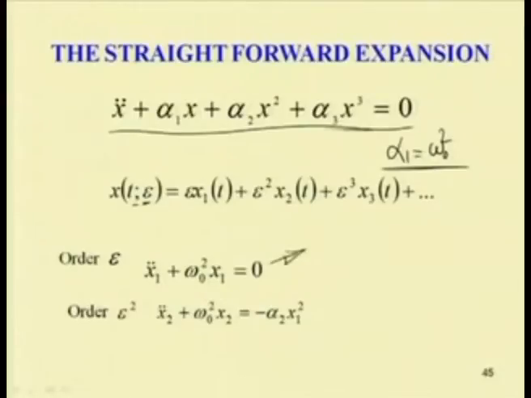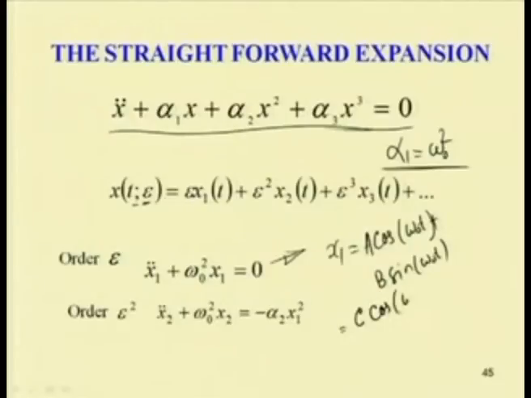The solution of this equation can be written as x 1 equal to A cos omega 0 t plus B sin omega 0 t, or in another form using another constant, C cos omega 0 t plus phi. As it is a second order differential equation, it has two constants.